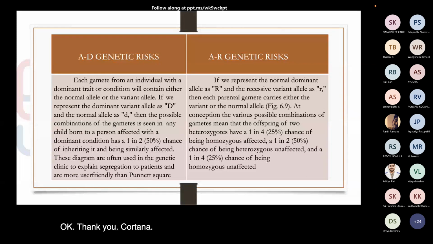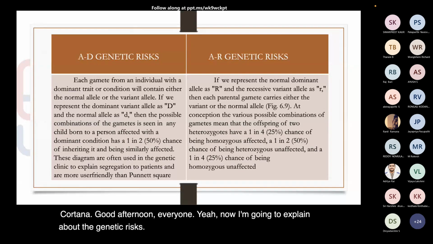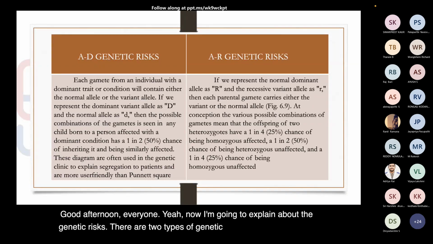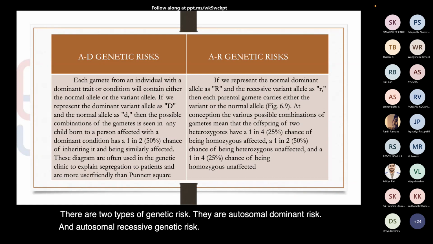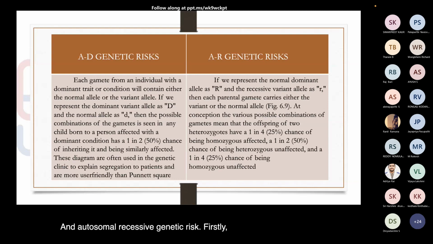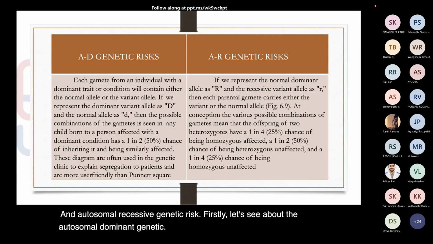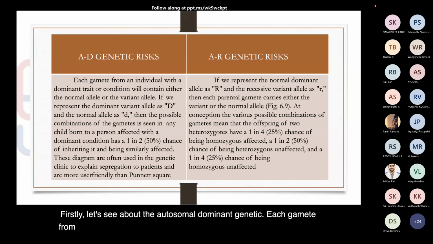I'm going to explain about the genetic risks. There are two types of genetic risk: autosomal dominant genetic risk and autosomal recessive genetic risk. Firstly, let's see the autosomal dominant genetic risk. Each gamete from an individual with a dominant trait or condition will contain either the normal allele or the variant allele.